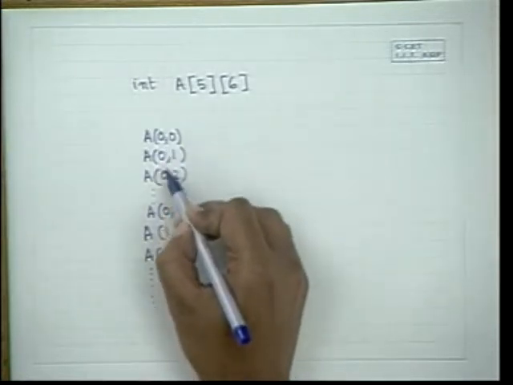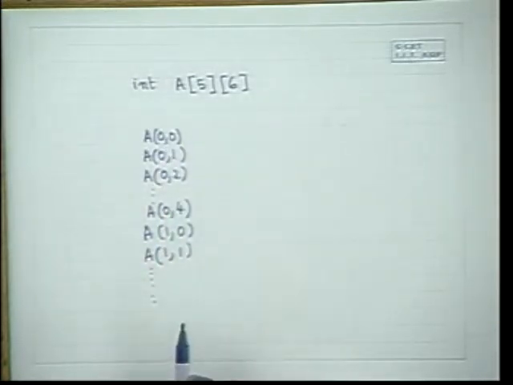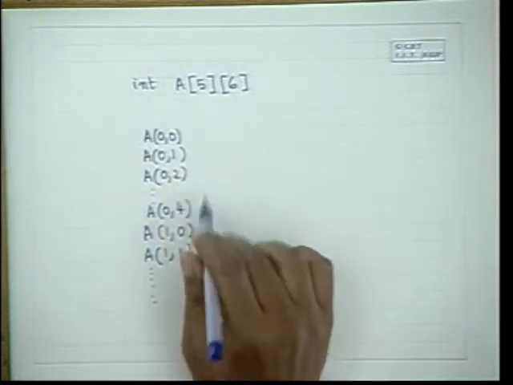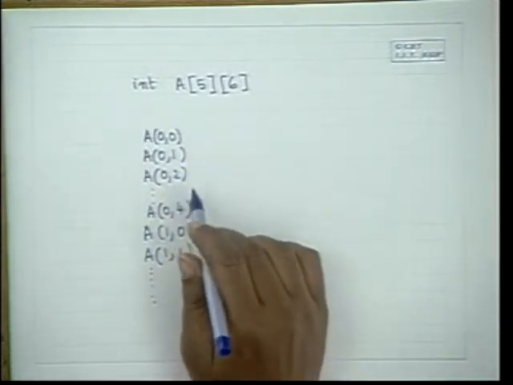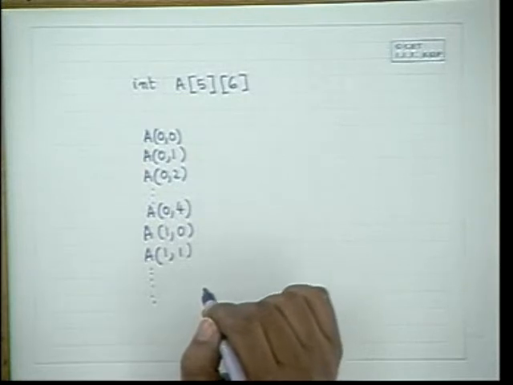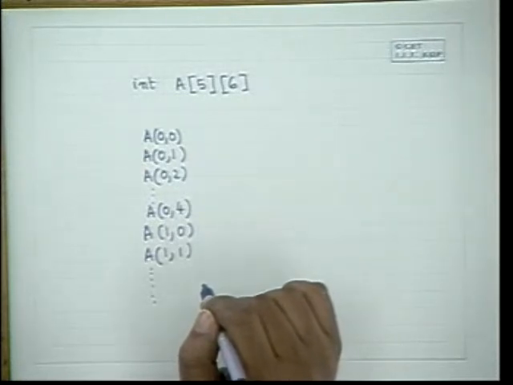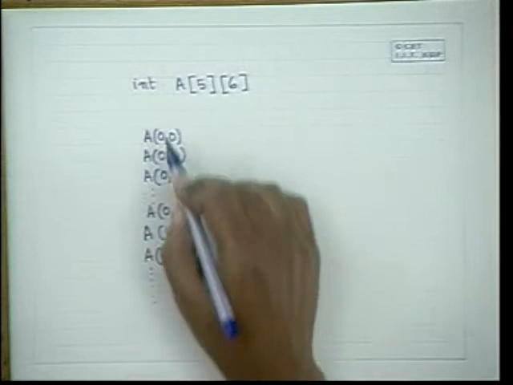This is how they are stored in the contiguous locations of the memory. We will run programs to just check it out. You can print out addresses and check what the exact values are, so it will not be difficult to see what they mean.